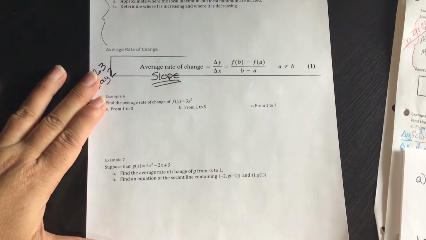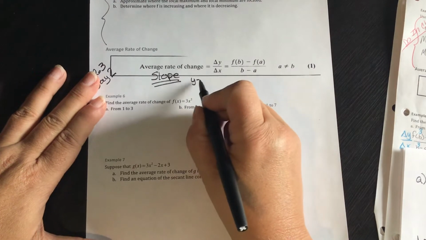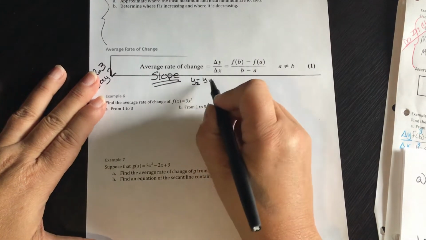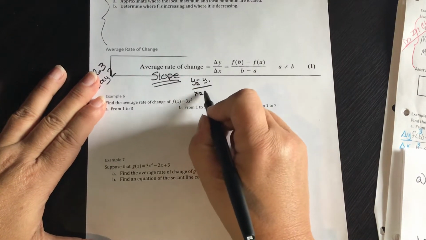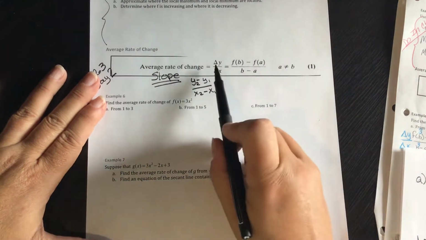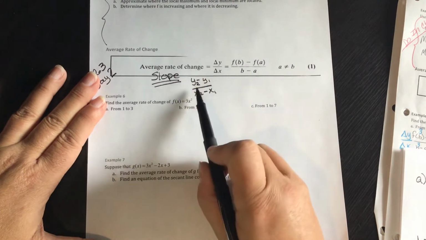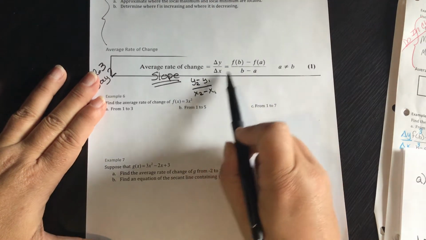If we think about what slope actually means, remember we had that formula y2 minus y1 over x2 minus x1. We're looking for the change in the y values, y2 minus y1.